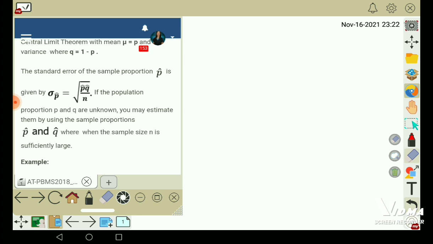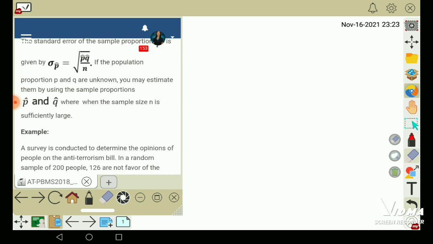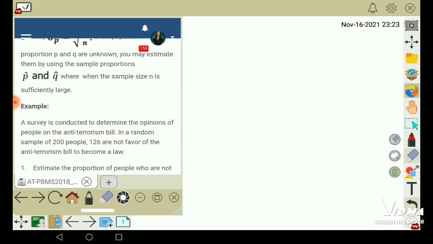If the population proportions p and q are unknown, you may estimate them using the sample proportions p hat and q hat, when the sample size n is sufficiently large.